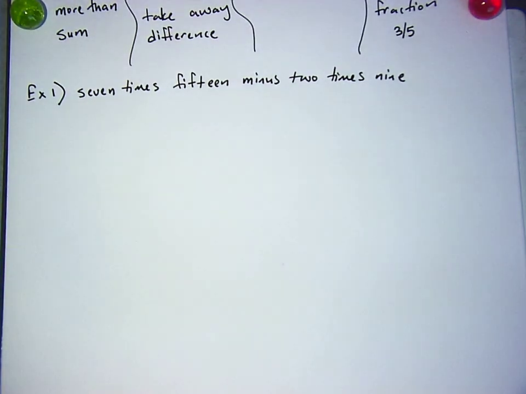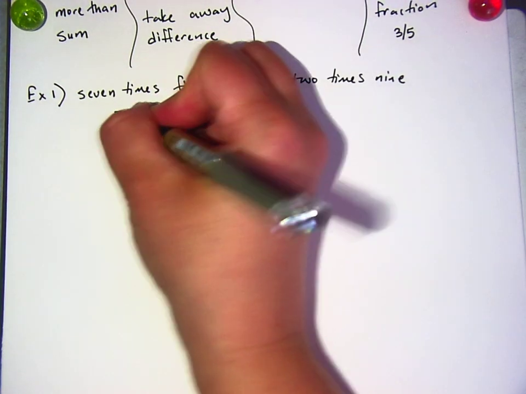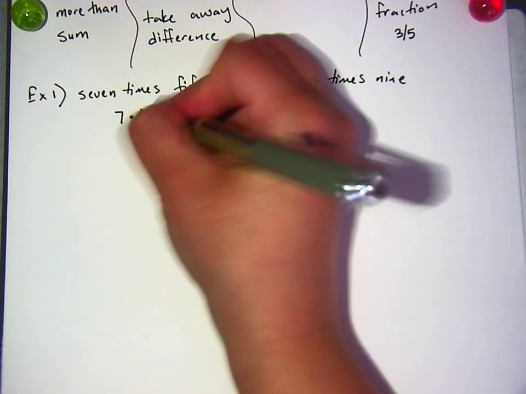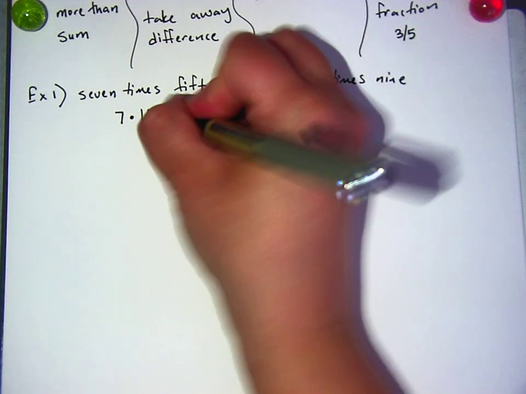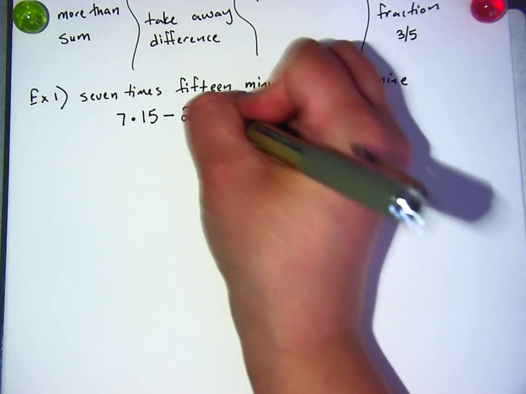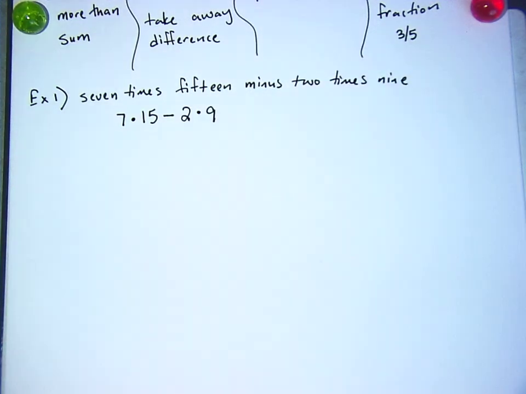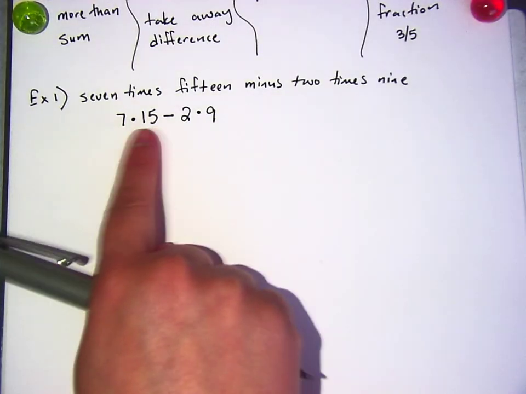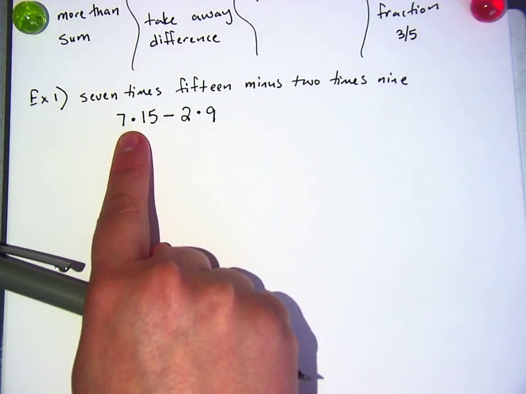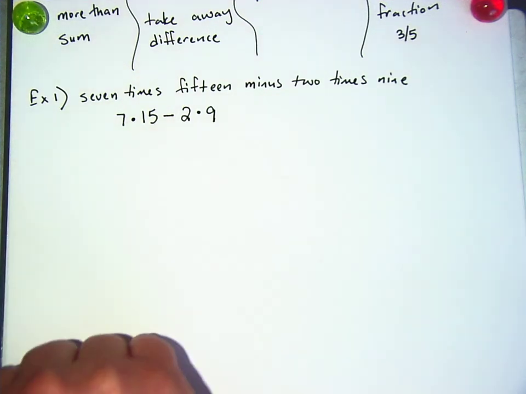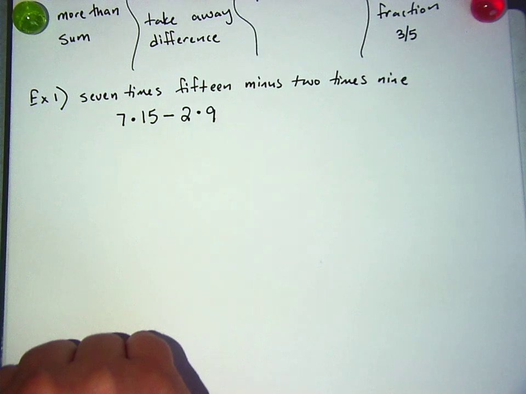If your homework looked like this, you would write 7 times 15 minus 2 times 9, and that's what your answer would look like. Your answer is not you figuring out what that is. It's just translating it. Everybody feel okay about this so far?